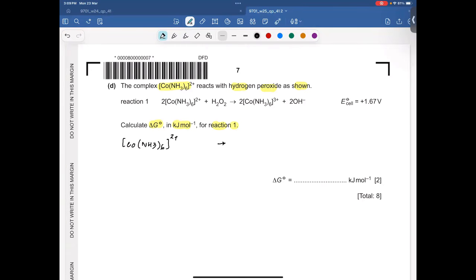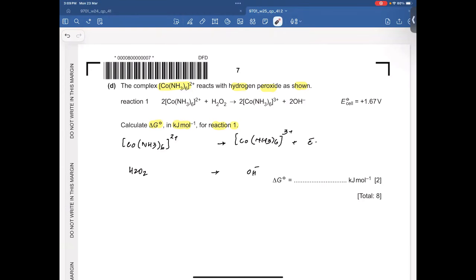It is converting into cobalt 3 ions and electrons. And H2O2 is converting into hydroxide ions.